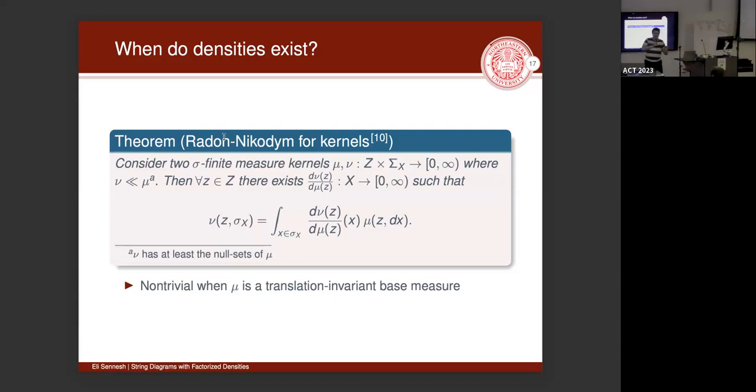Now, what we often want is non-trivial densities. If we just set nu equal to mu, of course there is a Radon-Nikodym derivative of any measure with respect to itself. Sure, okay. What you actually want is to have a base measure that is in some sense nice.